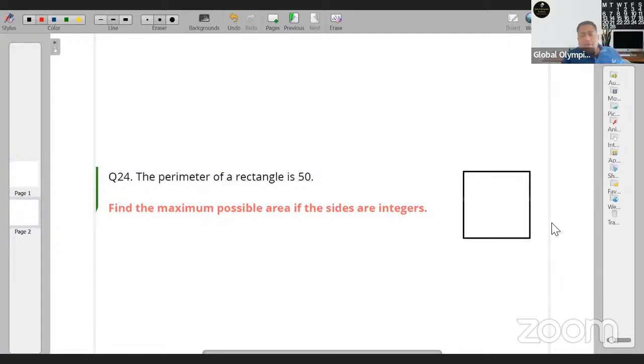Dhitiman, this question is there. Everybody is trying to solve it. You also try and solve it. A very simple question.